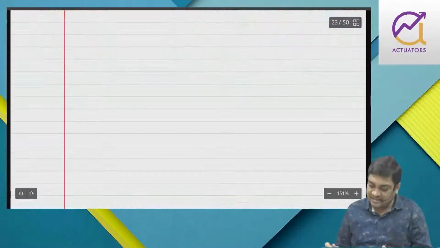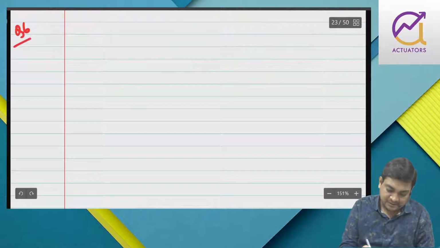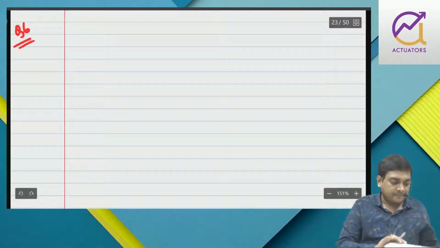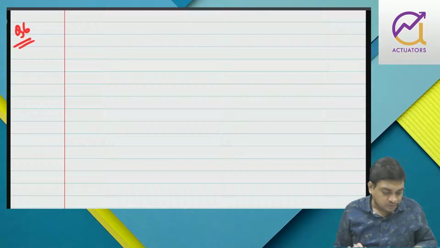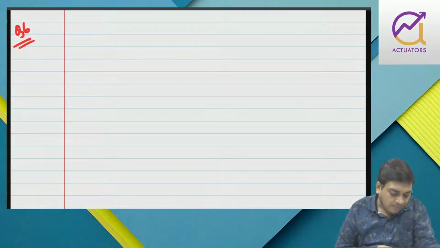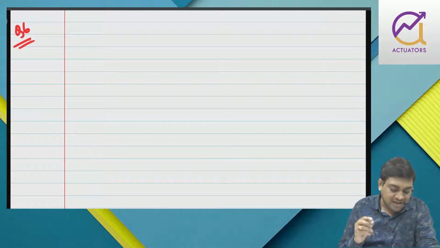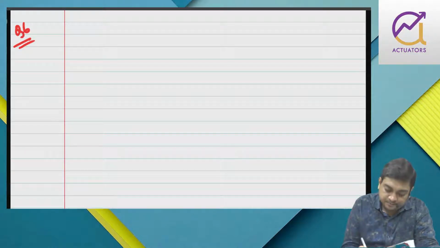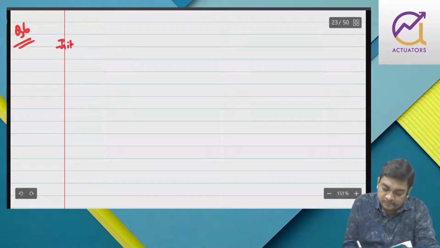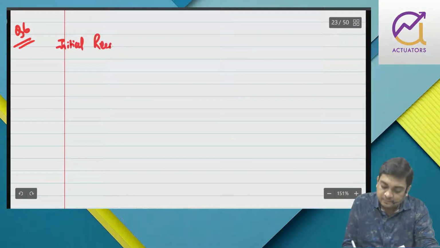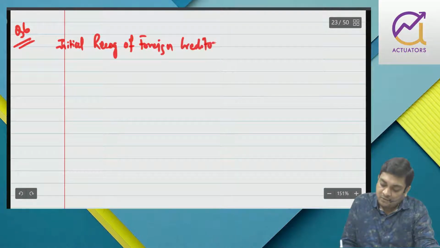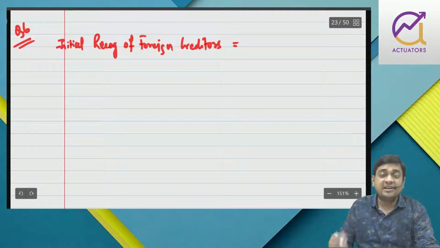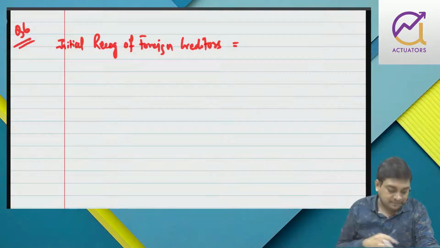Now question number 6. Very simple. I have done these types of problems with you all, so I'm not going to do it. I'll just tell you the answer. Initial recognition of foreign creditors, and the journal entry is purchase account debit to foreign supplier.